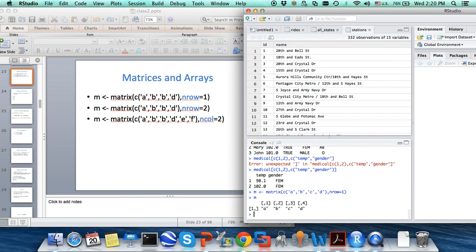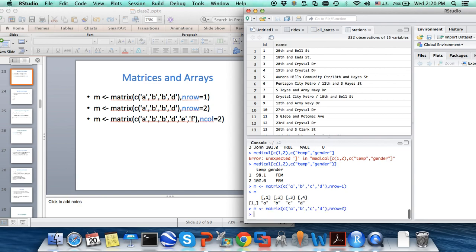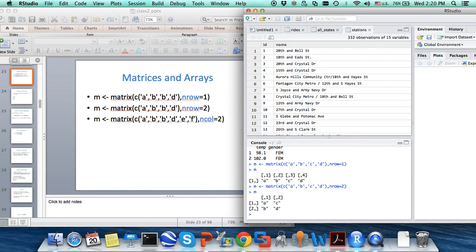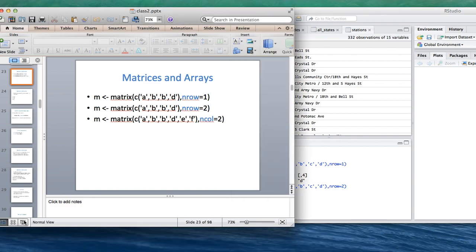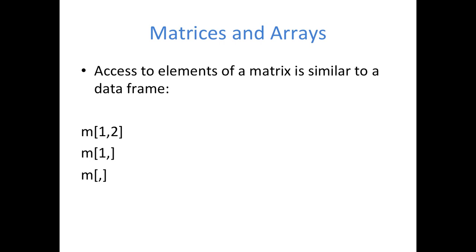So if you check M, we have just one row with 4 columns. But we could do it differently. We could want the same values but distributed in 2 rows. This means that you have 2 rows and 2 columns. Similarly, you can also play around with, for example, the number of columns. But this is the way matrices are created. And to access elements in a matrix, again, bracket terminology. First element is the row, second element is the column.